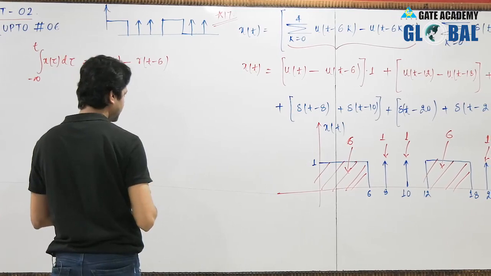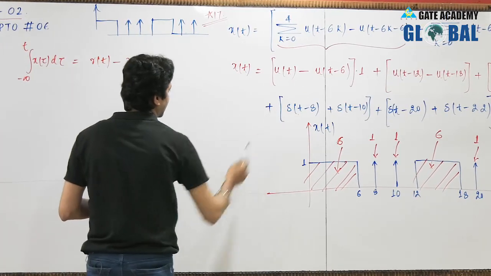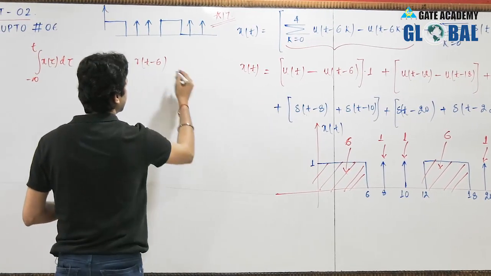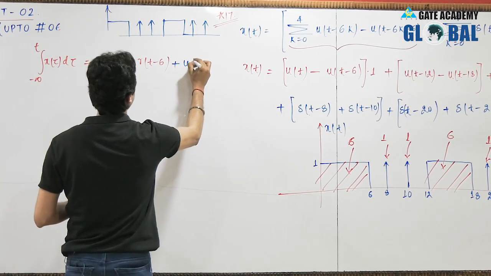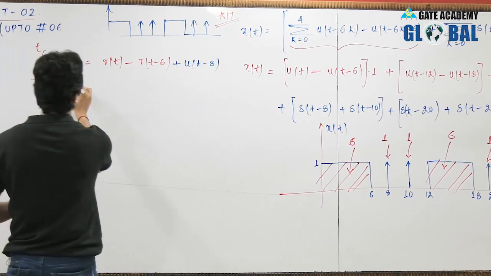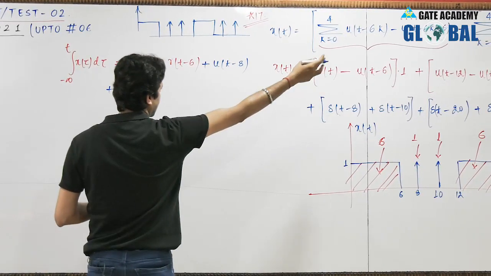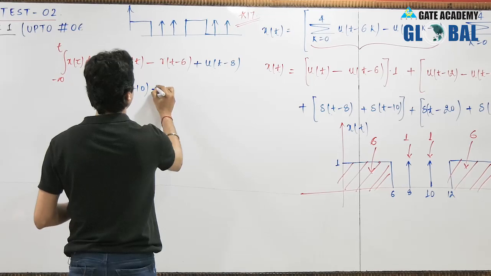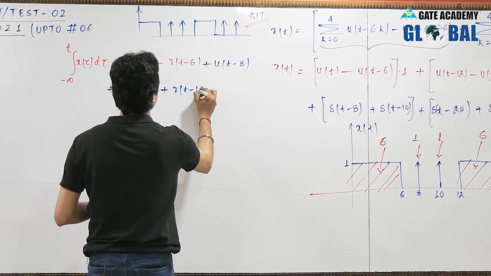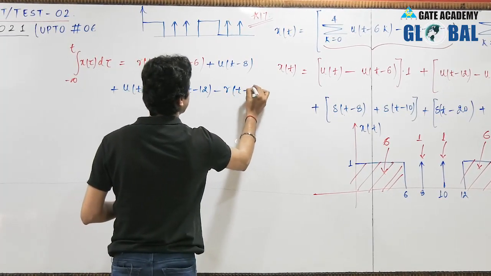Next part, if you integrate delta of t minus 8, the integration will be u of t minus 8, then plus u of t minus 10. Similarly, if you integrate the step next, then you will have plus r of t minus 12 and minus r of t minus 18.